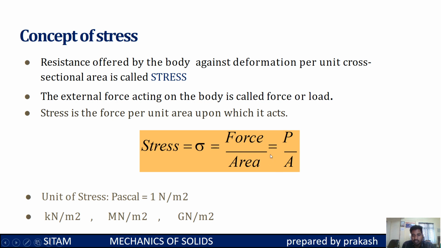That's why the force is taken as P. The unit of stress is Pascal. 1 Pascal is nothing but 1 Newton per meter square. It can also be expressed in kilonewtons per meter square, mega Newton per meter square and giganewton per meter square.